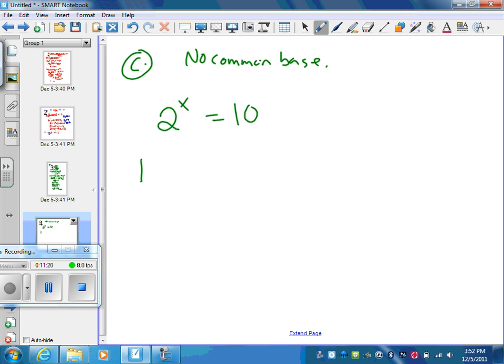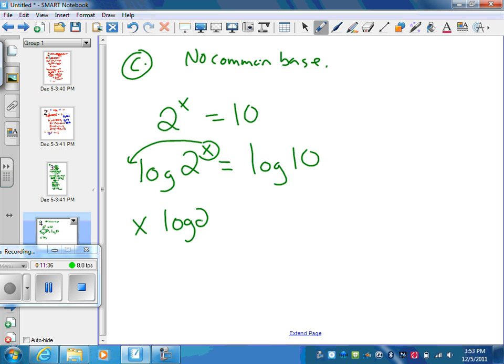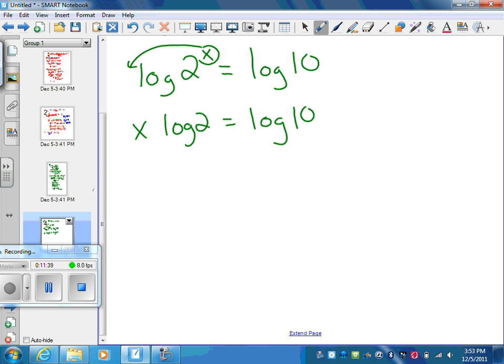We're going to say log 2 to the x is equal to log 10. Then due to the power law, I can write it as x log 2 equal to log 10.